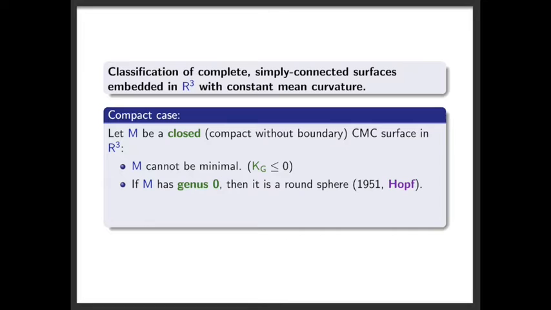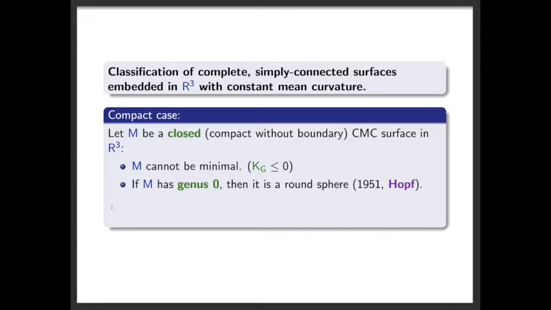Now, if M is genus 0, so we're not assuming both hypotheses, simply connected and embedded, right now. It's sufficient to have genus 0, and then this is a round sphere by a result of Hopf.